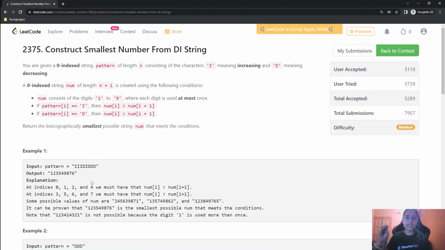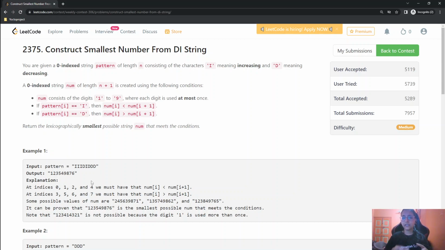So that's why we are required to use a stack here, and that stack would itself give us the lexicographically smallest possible string. Until we encounter I, till then we keep pushing into our stack, and when we encounter I, at that moment we directly build our answer with all those elements which were there in our stack.